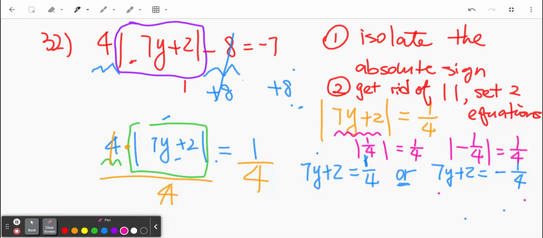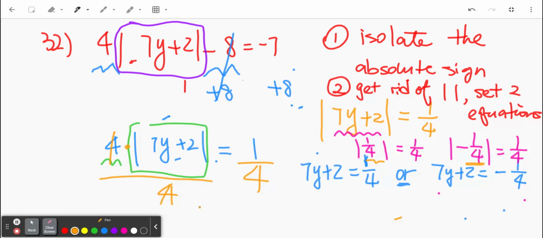So that means whatever is inside the absolute sign could be both positive 1/4 and negative 1/4, correct? That's why we set the equation right there. You see that? Do you understand? Because whatever the absolute value is positive.